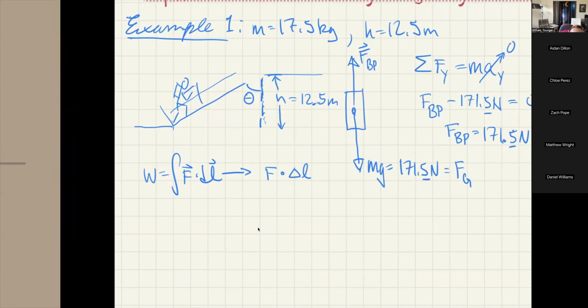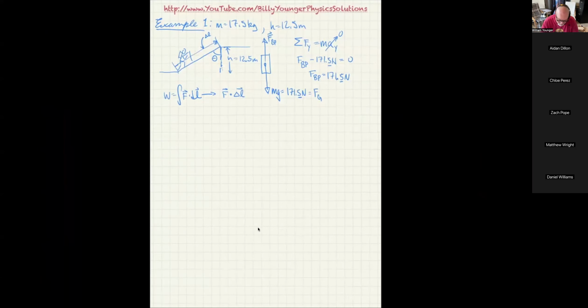Okay, so this distance right here is delta L, and you could even treat that vector as the vector delta L. You can see it's basically the hypotenuse of the right triangle I've drawn in here. So we're going to go about doing that, and we're just using our dot product, which we figured out last time. So for part A, they want to know the work done by the backpacker. So that's the work done, W sub BP.